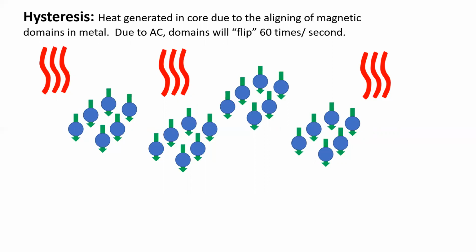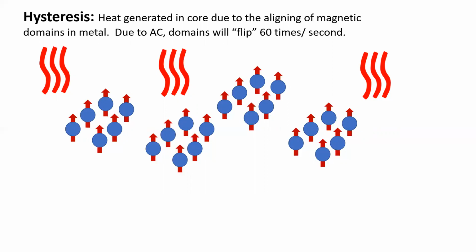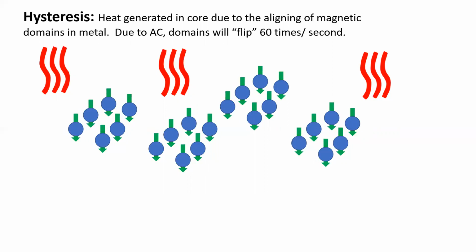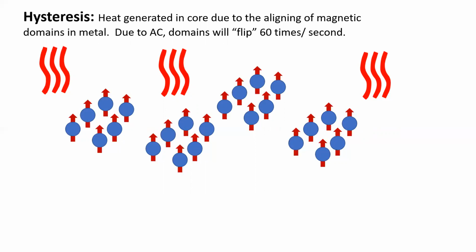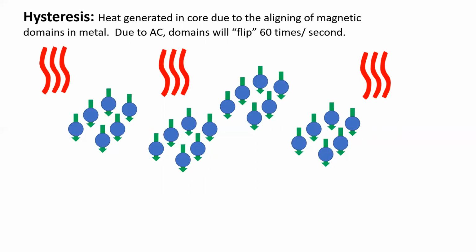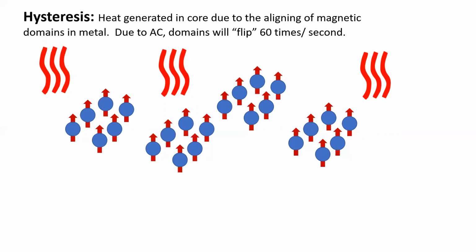And because of that, you would get a significant amount of heat being generated, and it's difficult to completely get rid of it. And so what we typically do is we make the core of a transformer out of silicon steel, because silicon steel is going to offer a little bit of lubrication and reduce the resistance of the molecular movement.